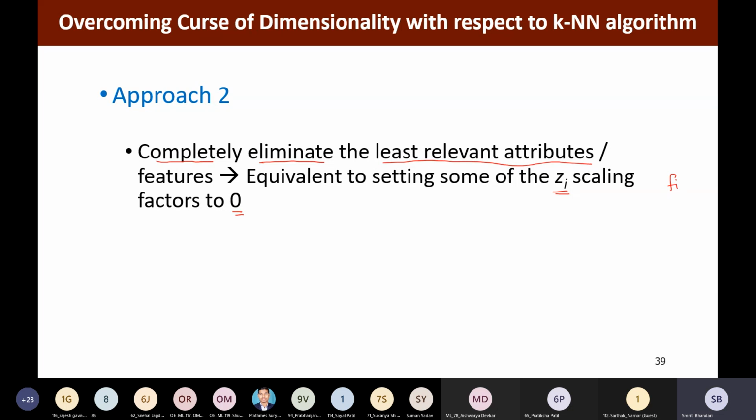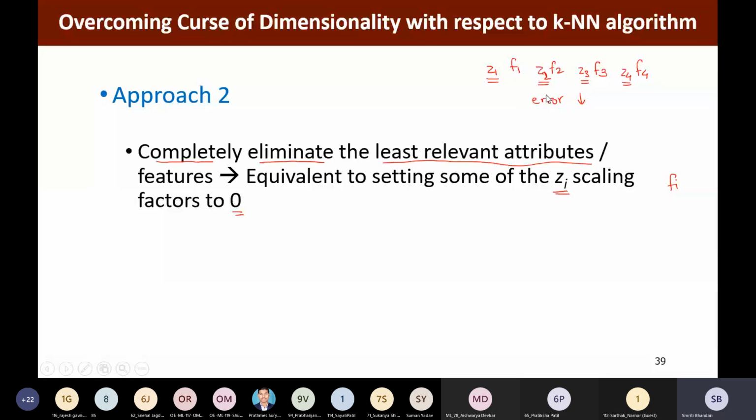Are you getting me? See, what we are trying to do in approach number 1, we had several features and associated weights. Right? And what we were trying to do, we were trying to find out the appropriate weights for the features so that error gets reduced.